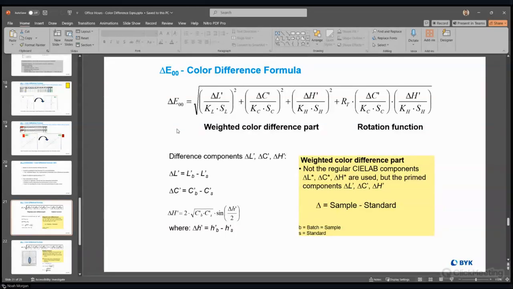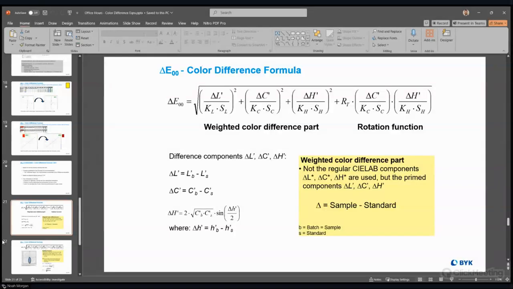And so that means there's tighter tolerances there. But when we get more chromatic, like a fire engine red or a fluorescent orange or something, those colors we don't see differences in chromaticity as well. And so this equation will actually switch between LAB or LCH depending on how much chroma is measured.